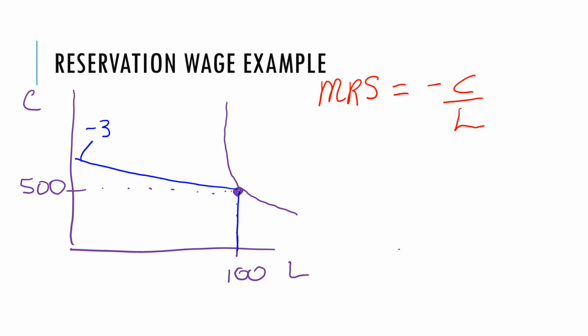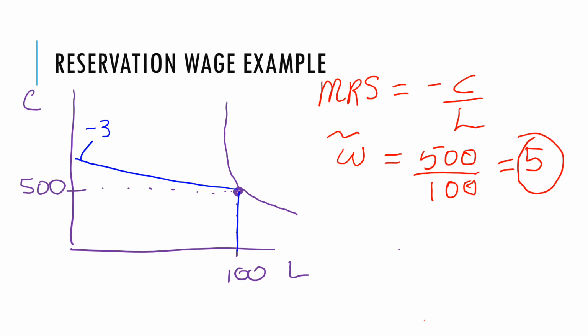So my reservation wage is usually written W with a squiggle, and I'm going to plug in 500 for C and 100 for L. That's my endowment point. And so the reservation wage is 5.